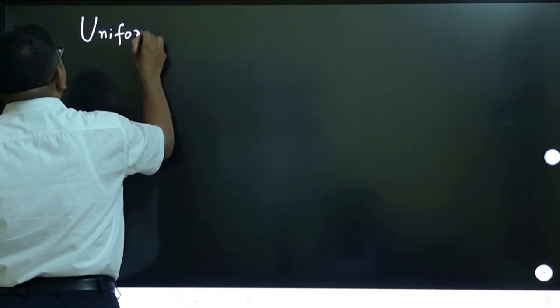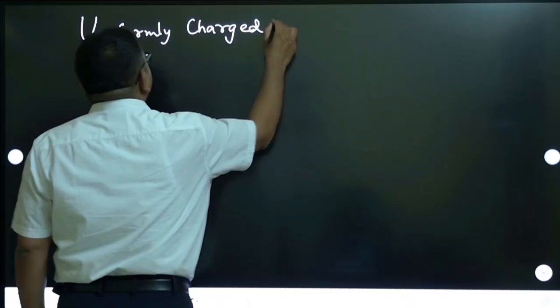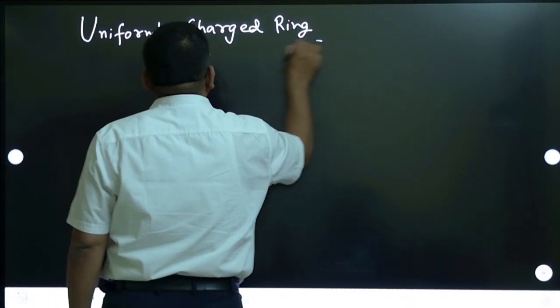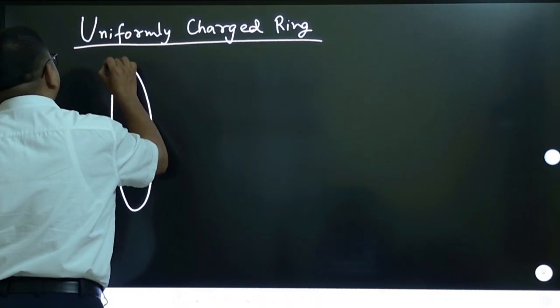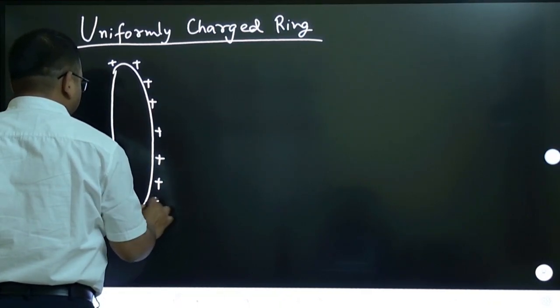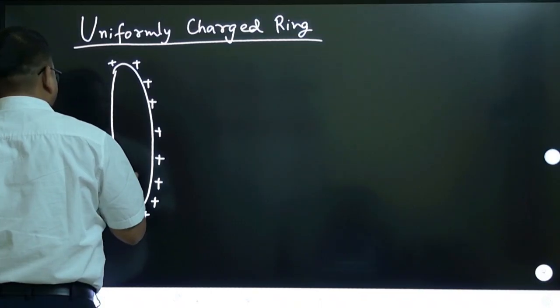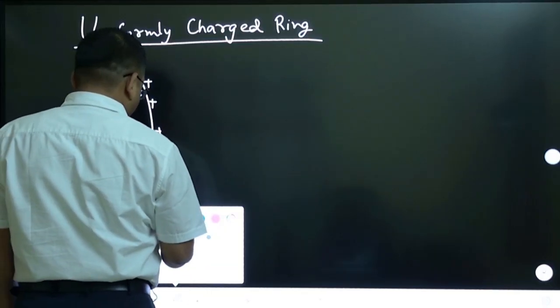Uniformly charged ring. So suppose this is a uniformly charged ring, and let us consider the axis of this.